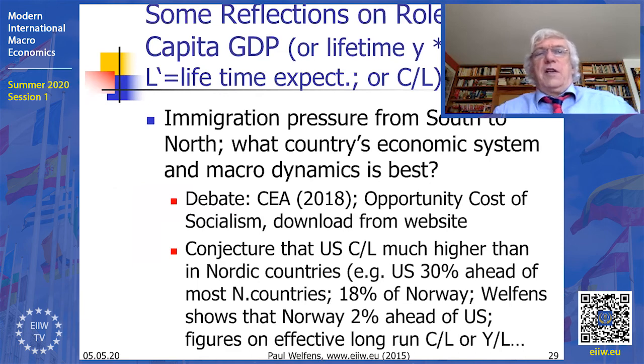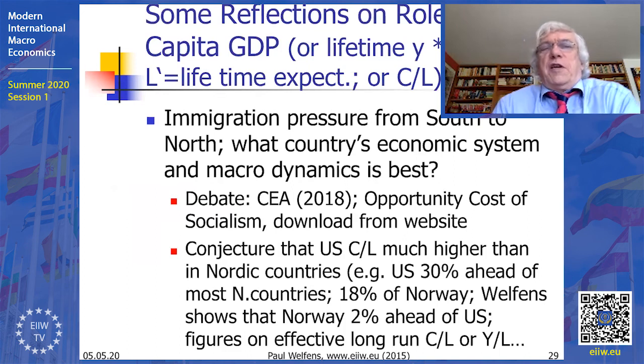Yeah, we can take a quick look here at reflections on per capita GDP. This is really an interesting story coming up from the US, or actually from the Council of Economic Advisors, who has published what I consider to be a somewhat strange report in 2018 on the opportunity cost of socialism.